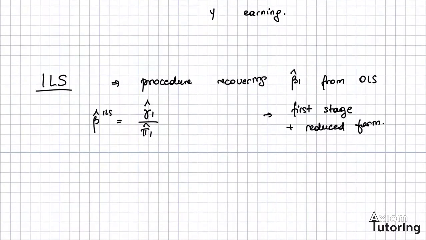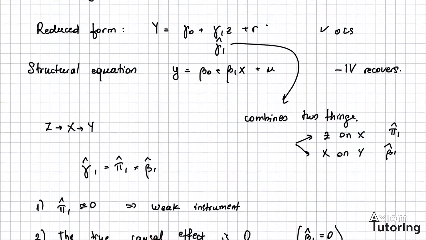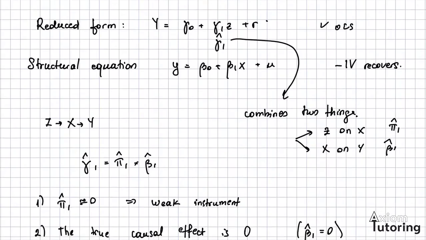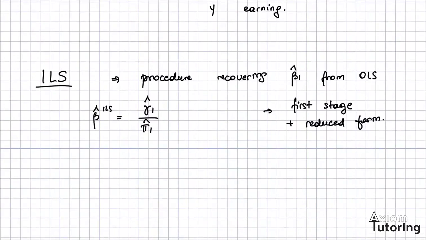So basically with the indirect least squares, what you're actually doing is rearranging this equation and getting what we mentioned in here, this gamma 1 being the theta 1 times beta 1, or the opposite, okay? The word indirect in here reflects the fact that we never directly regress the Y on X, okay?